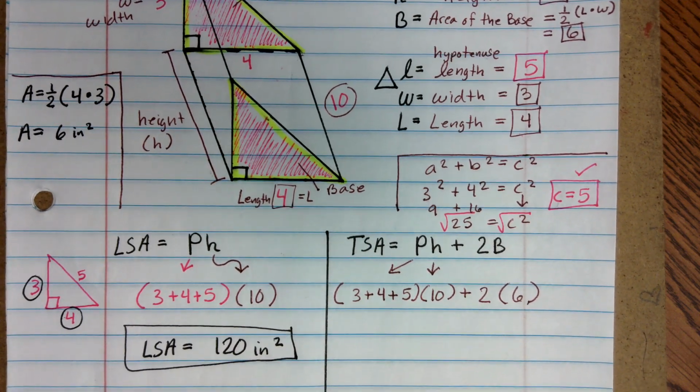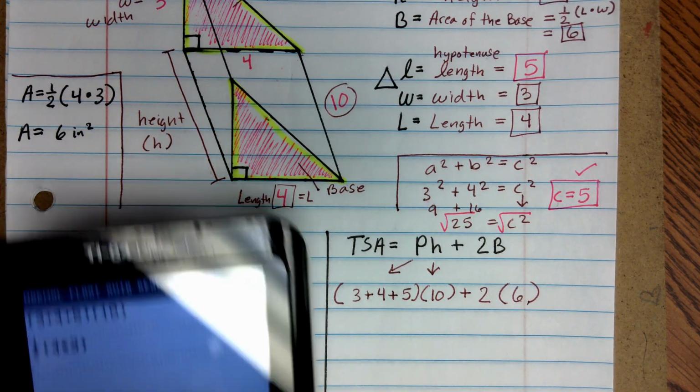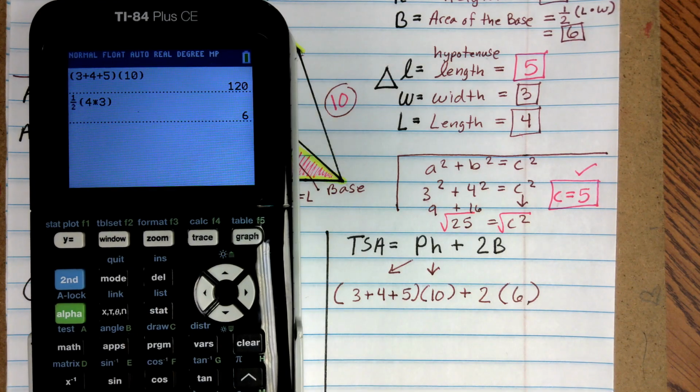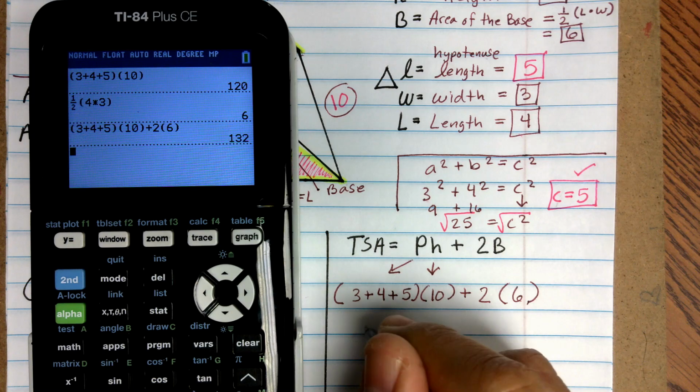I'm going to put this in the calculator, and then we'll have our final answer for total surface area. So this is going to be 3 plus 4 plus 5 times 10 plus 2 times 6. And we get 132.